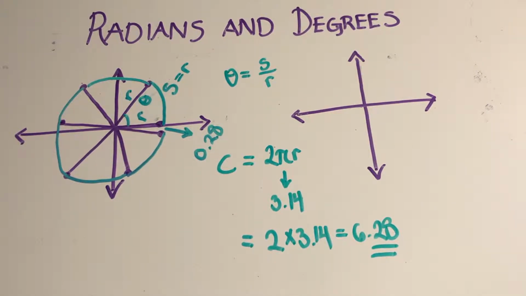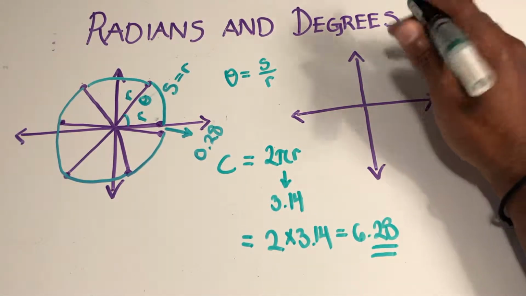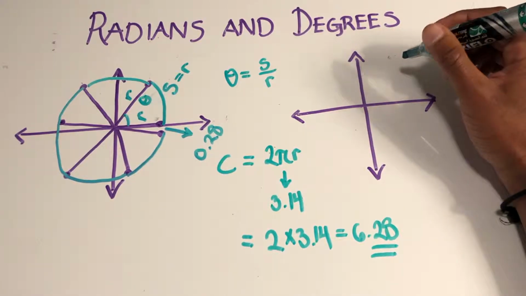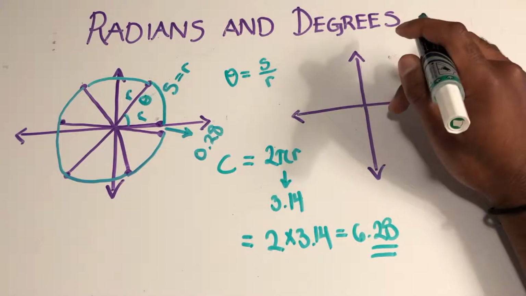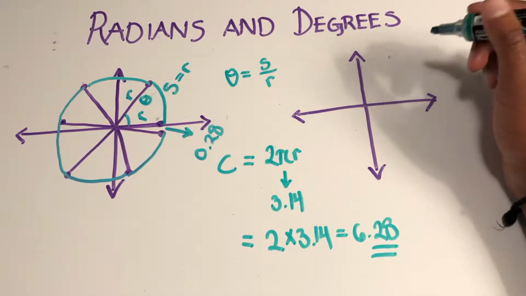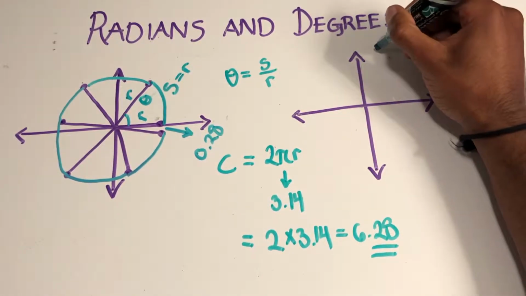Another important concept I'd like you to keep in mind is that on a graph, there are 4 divided sections called quadrants.